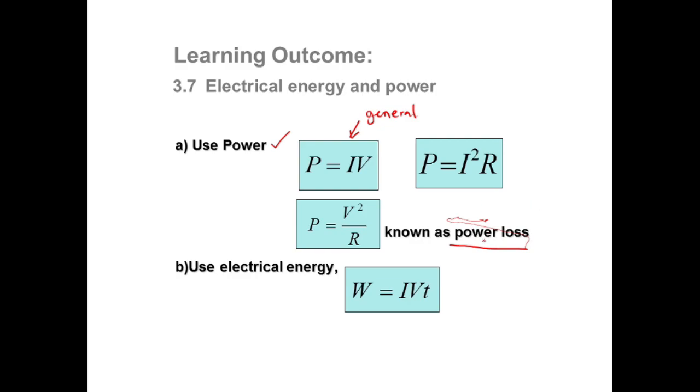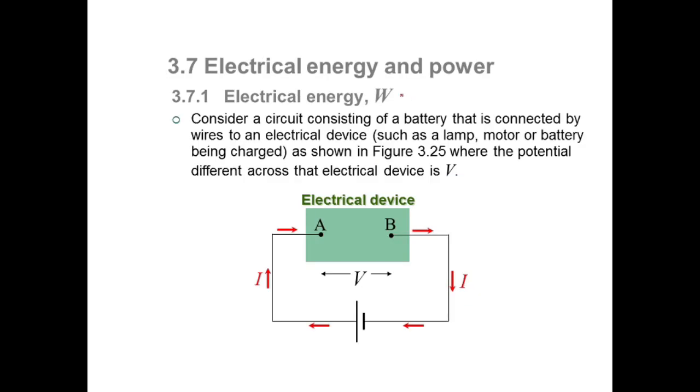Then we will learn the electrical energy, W. First, what is electrical energy? If we look at this figure, we have a potential difference battery, EMF. The current flows from the positive to the negative pole through an electrical device.